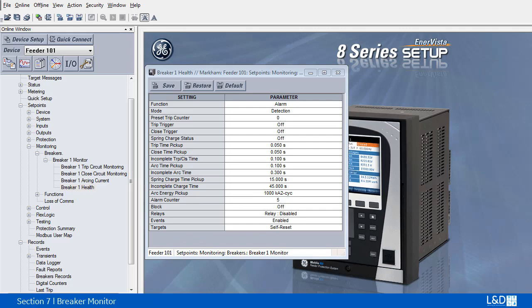All these factors together reflect the breaker health status. There are 2 modes of the breaker health: detection and monitoring. The detection mode can be used to help set the pickup level based on the historical true values.